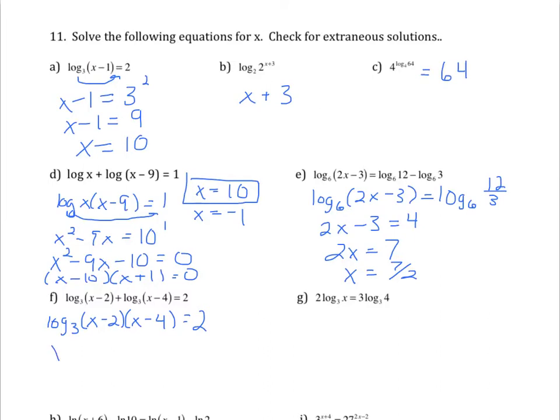So I'll have x squared minus 4x minus 2x, so minus 6x plus 8 equals 3 squared. And then I'm going to move that 3 squared, which is 9, to the other side. So I have x squared minus 6x minus 9, so minus 1, equals 0.